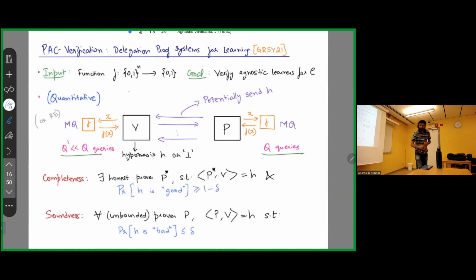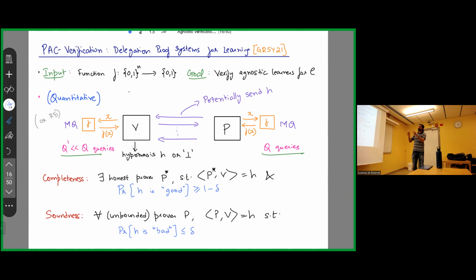And another setting here is the quantitative one, where the verifier could also have query access. But in this case, you want the verifier to use much fewer queries. If the prover uses Q queries, the verifier uses much fewer queries.